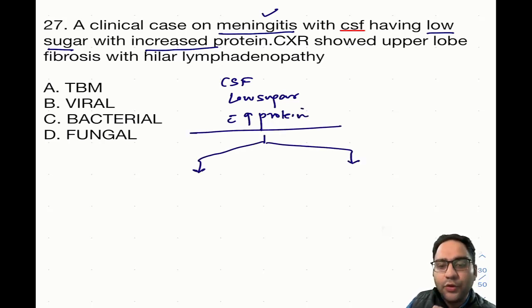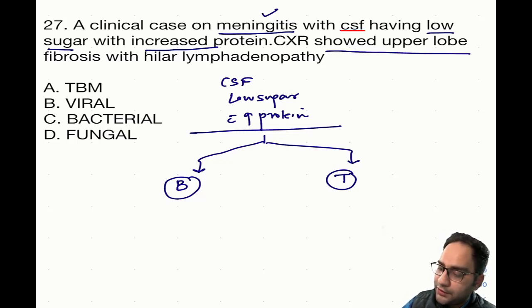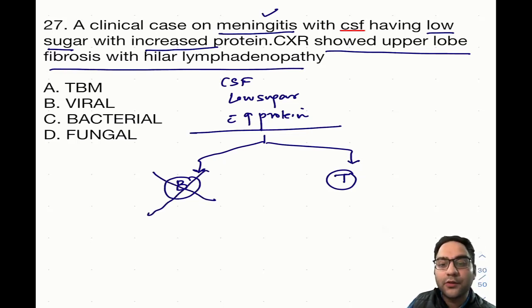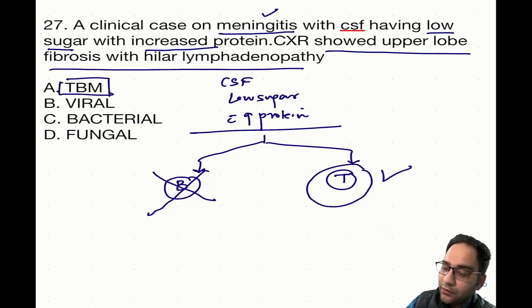This can be seen in two conditions, bacterial and tubercular. But the other option that you are having, chest x-ray showing upper lobe fibrosis with hilar lymphadenopathy, cancels this option. So you are left with only one option, and that is tubercular. Your answer to this question would be, it is a case of tubercular meningitis.